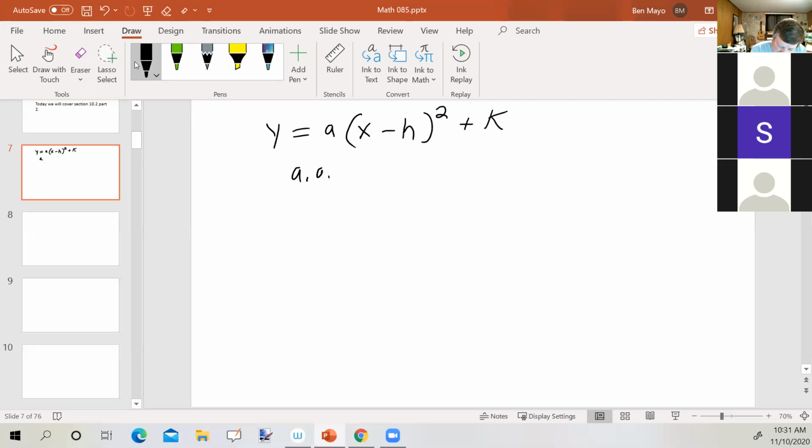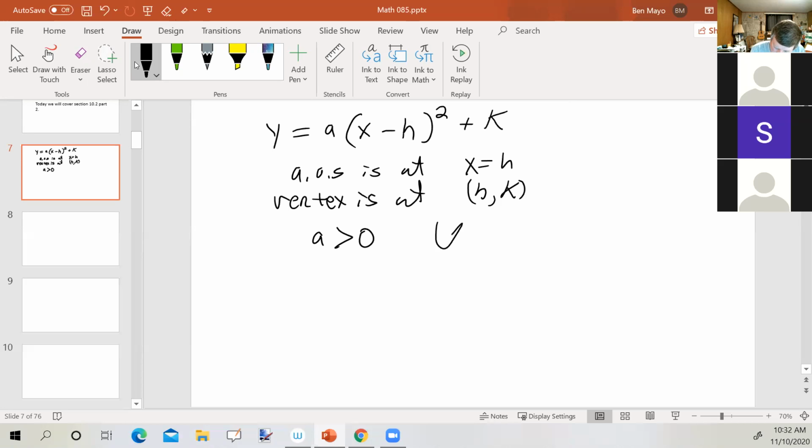The axis of symmetry is at x equals h, and it's an equation. The vertex is at (h, k). It's an ordered pair. If a is positive, the graph opens up. If a is negative, the graph opens downward.